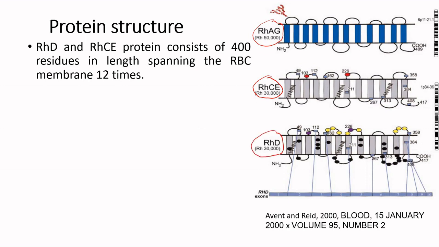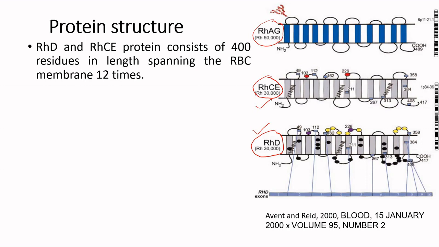Among these three, RHCE and RHD are of the same locus. They are homologous with each other. You can see their size is also approximately similar, whereas RHAG is not present on the same locus of the chromosome.